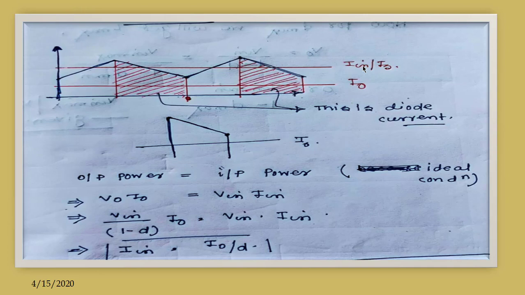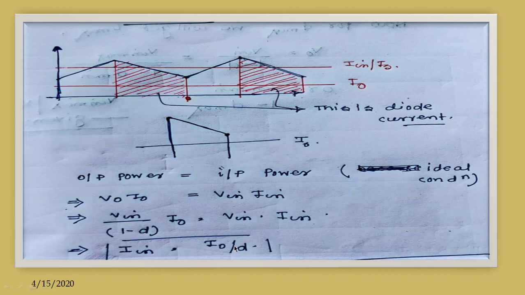So if we apply here ampere second balance, means ampere into time. So I in is operating for duty cycle D. So I naught equals to I in into D. So I in equals to I naught by D.